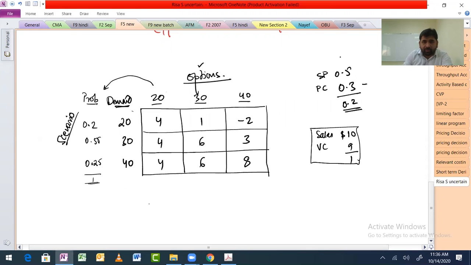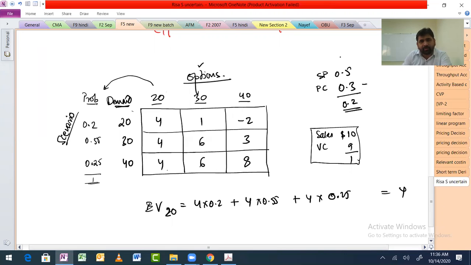So the expected value for 20 magazines will be what? It will be 4 times 0.2 plus 4 times 0.55 plus 4 times 0.25. Your answer will be 4 only.